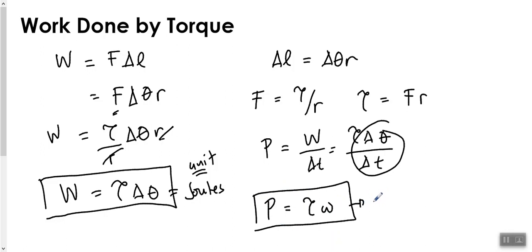It's still going to be watts. And this is the same as linear power, which is equal to force times the velocity. So if you want to be more powerful, you're going to have a large force and a large velocity. So large torque, larger angular velocity, a more powerful object.